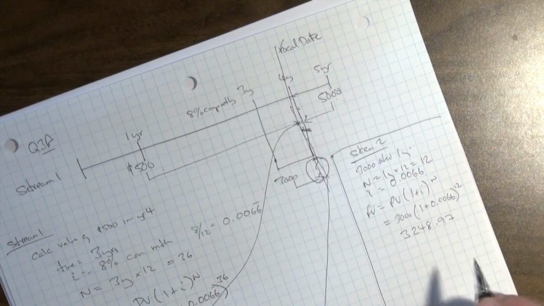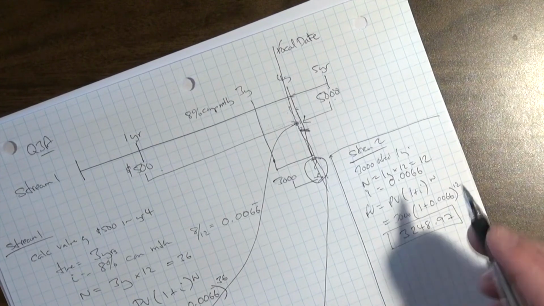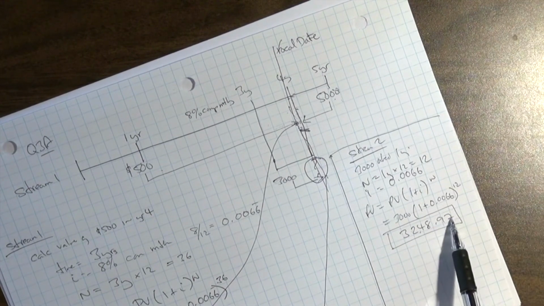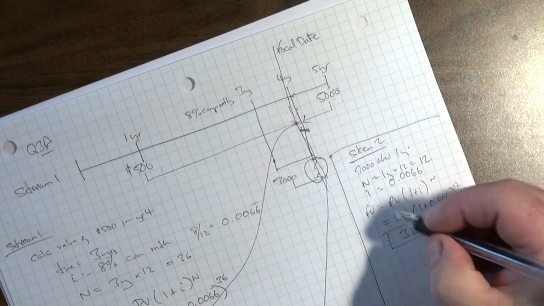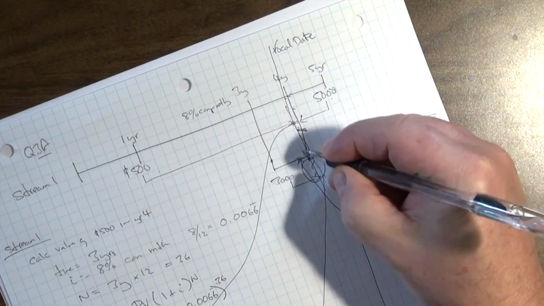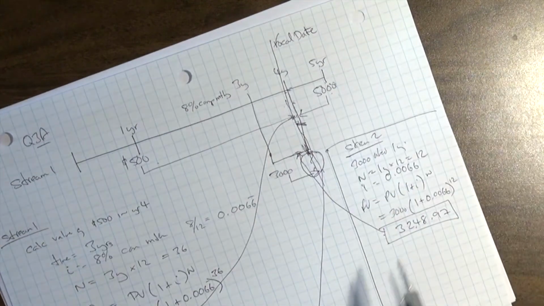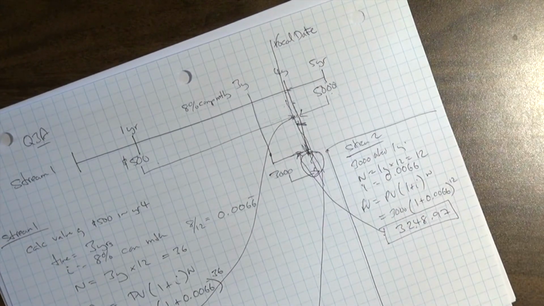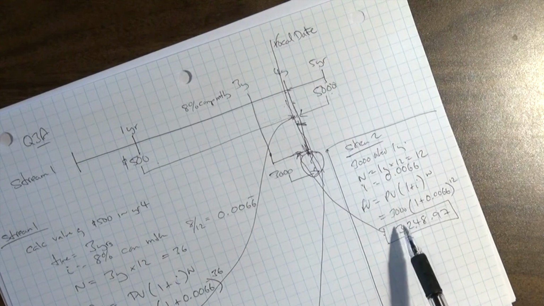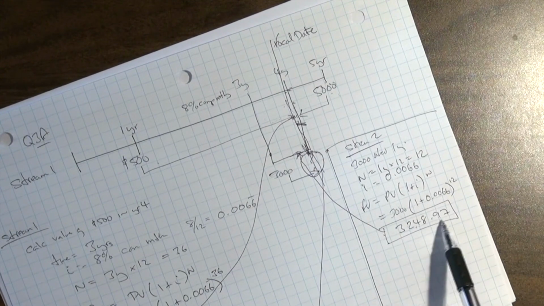And that comes to $3,248.97. So what we're saying here is that 3,248.97 is the value of that $3,000 in the second stream at year four. So the first stream is worth $5,251.94 at year four. The value of the second stream that we know of is $3,248.97.